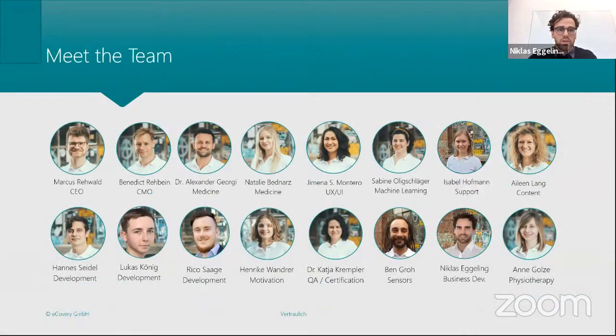On this mission, a huge team is working day and night, and we're quite diverse, but our main focus is medical innovation and medical excellence. We have a special psychology department investigating the motivation behind the patient treatment and focusing especially on how to engage the patient every day a little bit better in his or her own rehabilitation.